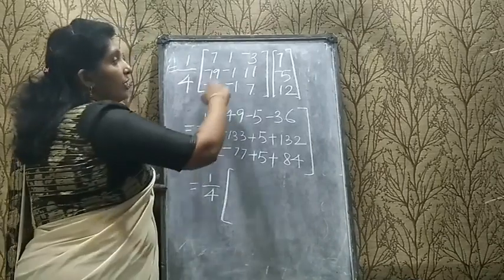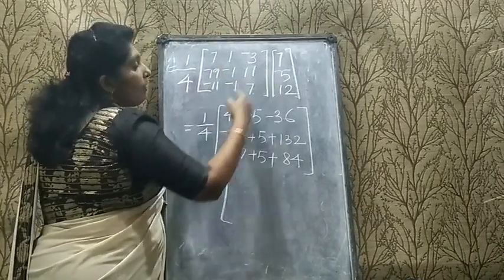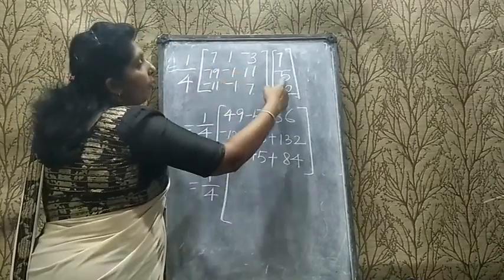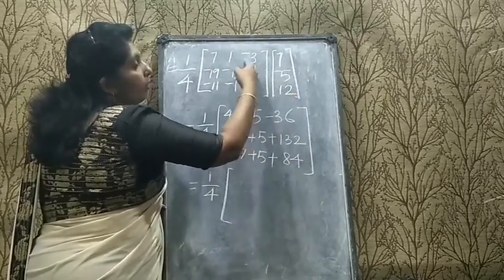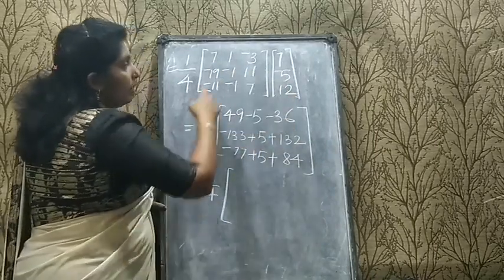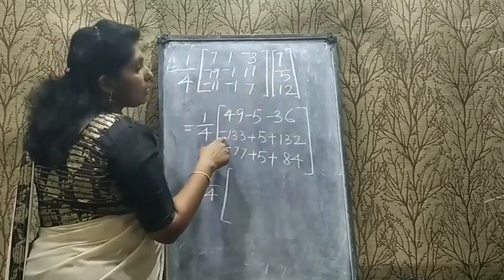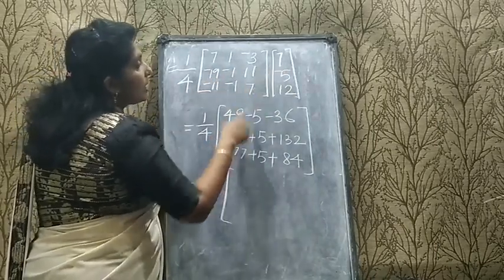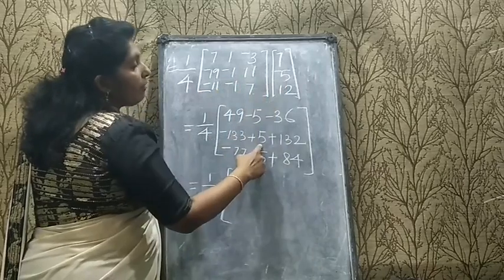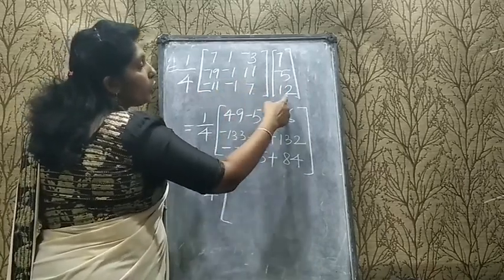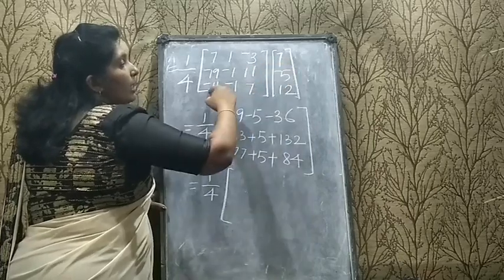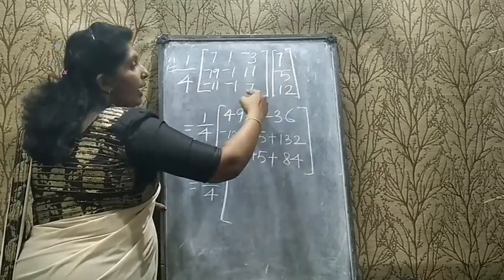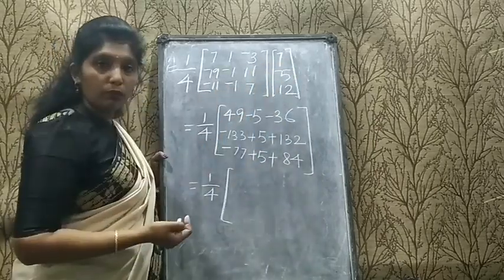So after multiplication you will be getting 7 into 7, 49, 1 into minus 5, minus 5, minus 3 into 12, minus 36. Here minus 19 into 7 is minus 133, plus minus 1 into minus 5 is 5, plus 11 into 12, that is 132. Then minus 11 into 7 is minus 77, plus 5 plus 84.